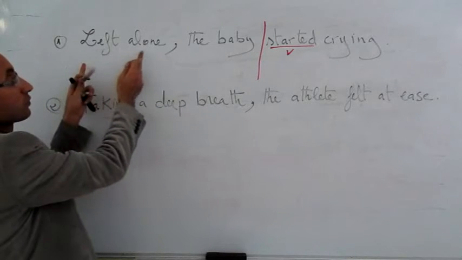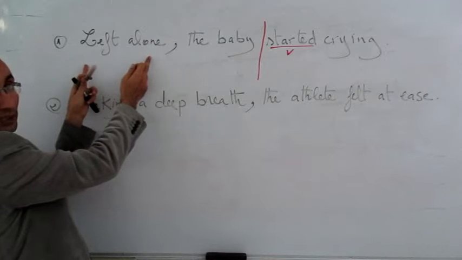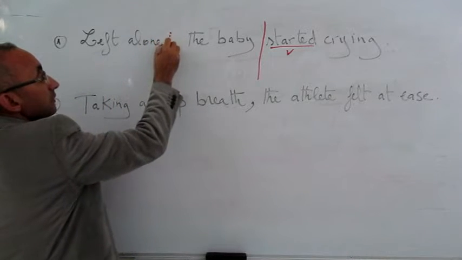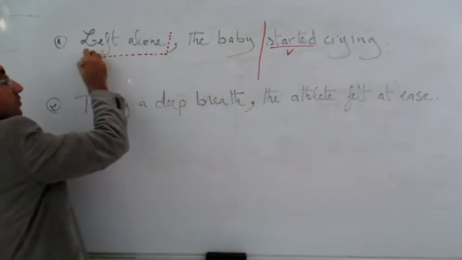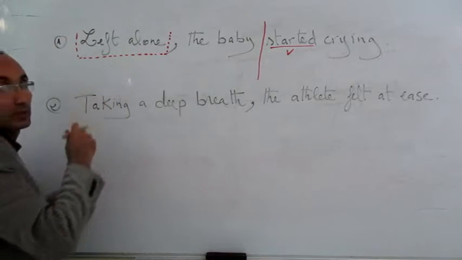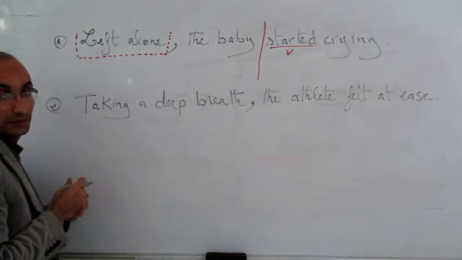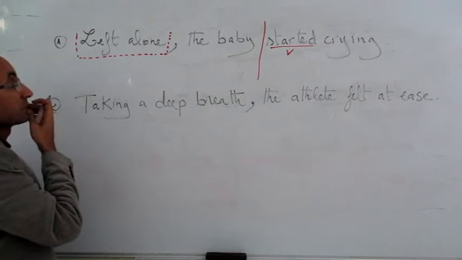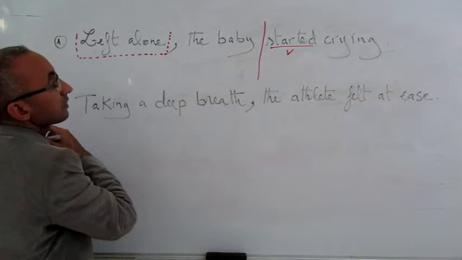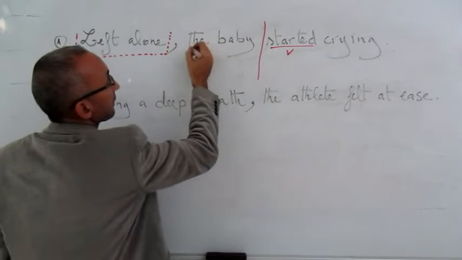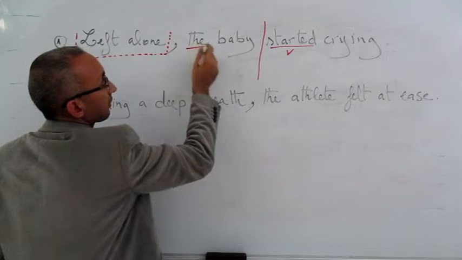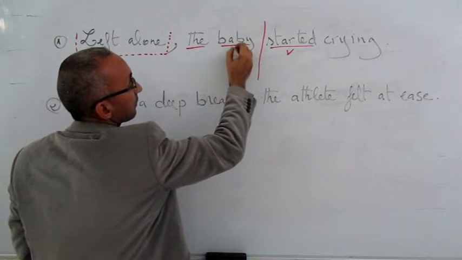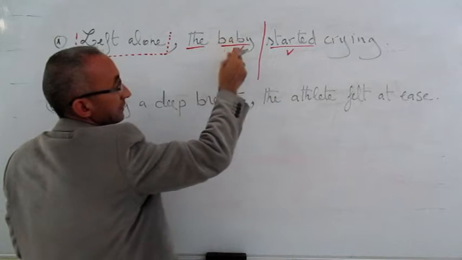Here I have a group of words which come together to form another phrase. Another phrase. Clear? The baby, okay, I have here the article. Baby is a noun and acts as the simple subject.